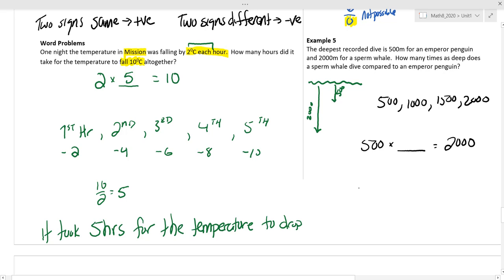Or as a division statement, it'd be 2,000 divided by 500. You want to know how many times does 500 go into 2,000? In each case, it equals 4.